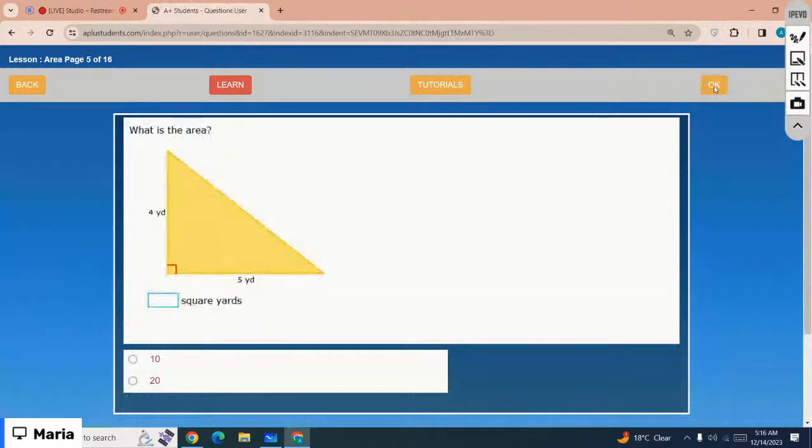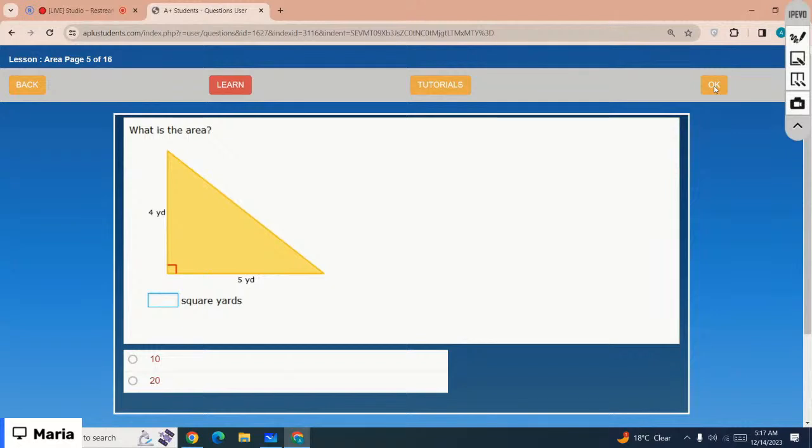What is the formula for the triangle? For the triangle, it is half times base times height.